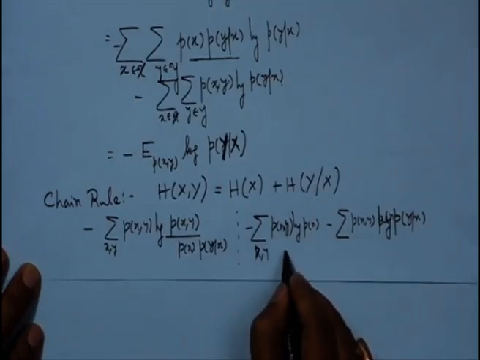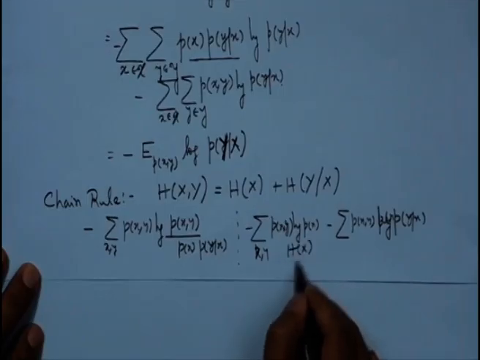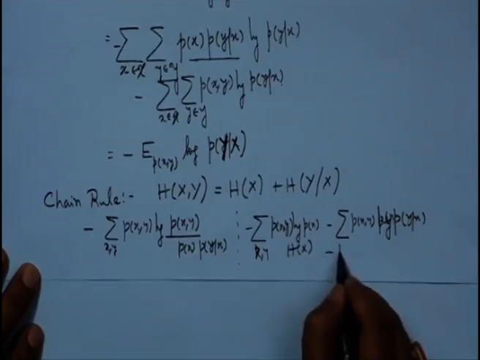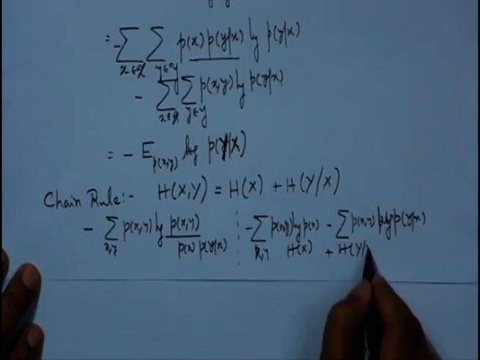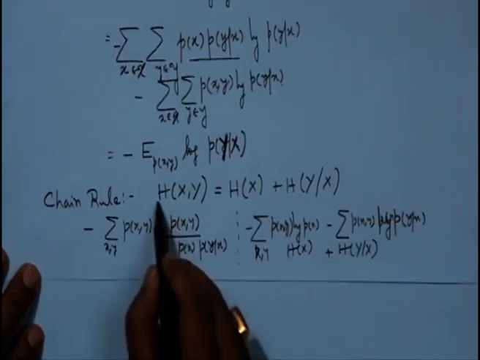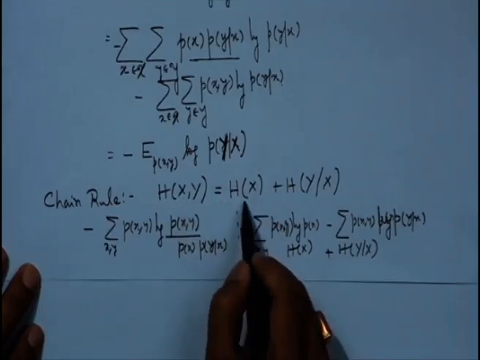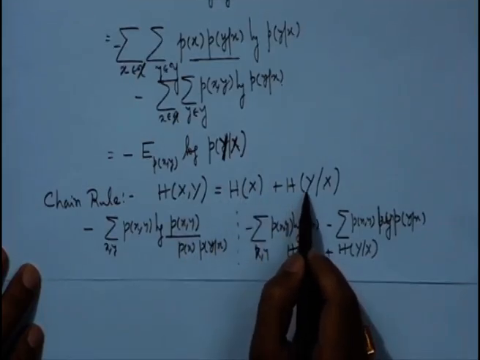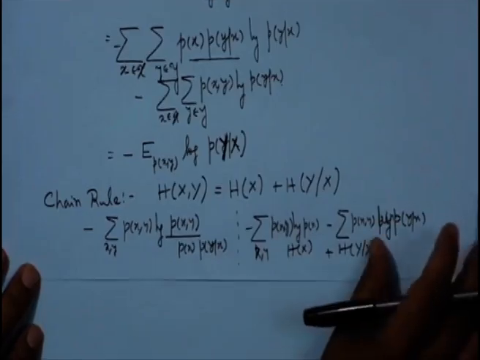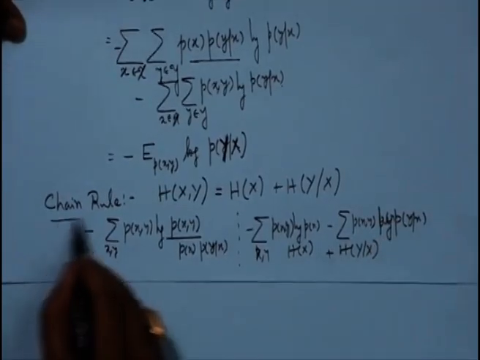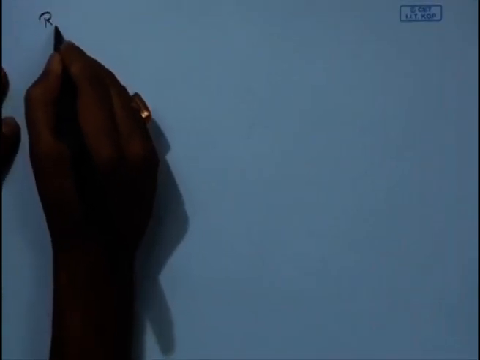So this would be H(X), and this whole second term, as we have just seen, is basically H(Y|X). So basically the joint entropy H(X,Y) is equal to the entropy of one of them plus the conditional entropy of the other with respect to the first. So this is also what would be useful. With that we move on further to talk about relative entropy.